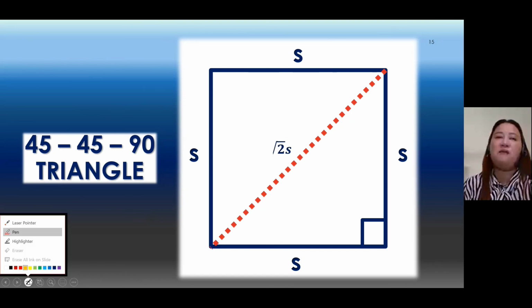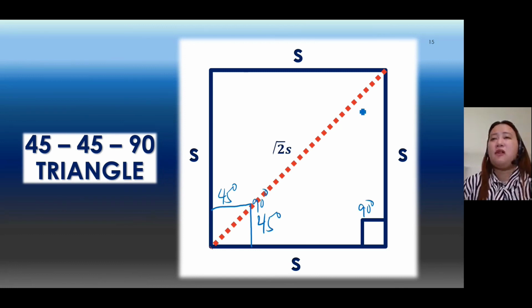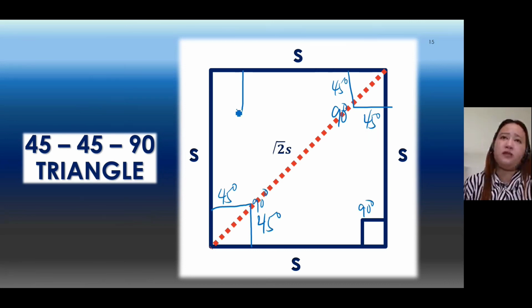How? You have here 90 degrees. If this portion is also 90, it means that splitting it, we do have 45 and then 45. Then also the same with this portion. This is 90. When you split it, you have 45 and 45. This is also a 90.